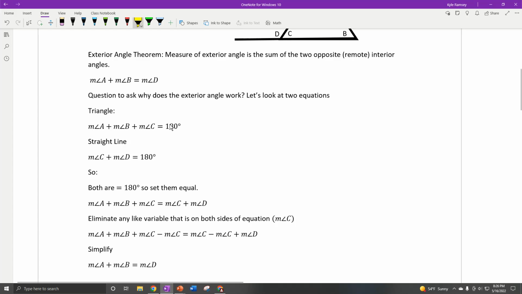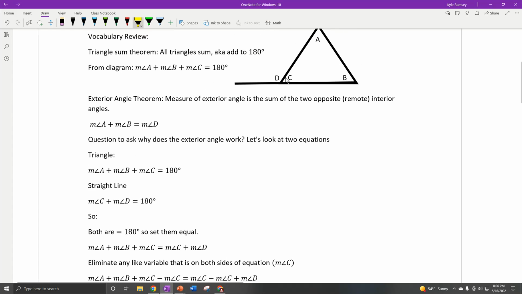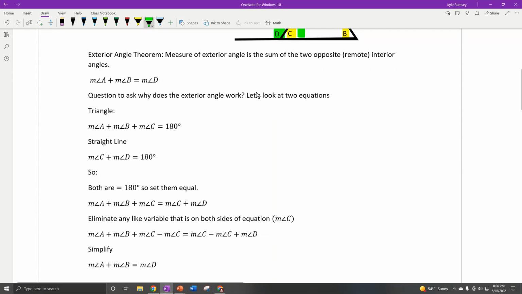Why does this work? We'll look at the two equations. Measure for the interior triangle, A, B, and C, equals 180. The straight line, C and D. So this one equals 180, as does this one. So we have those two equaling 180, so we can set them equal to each other, because C plus D equals 180.